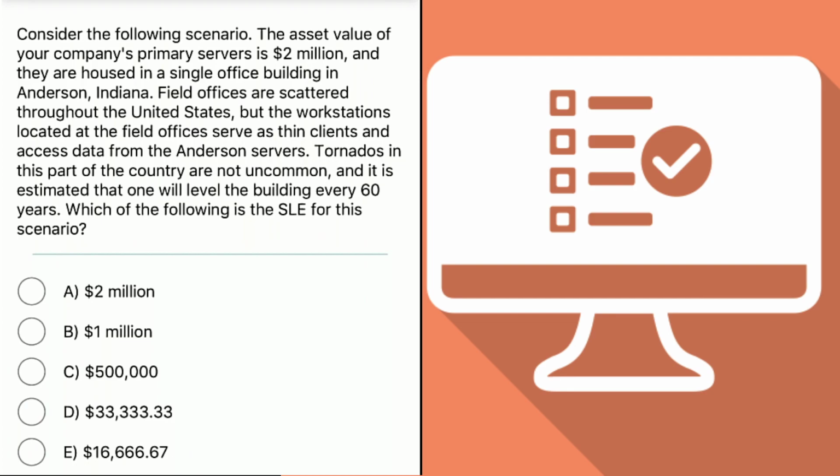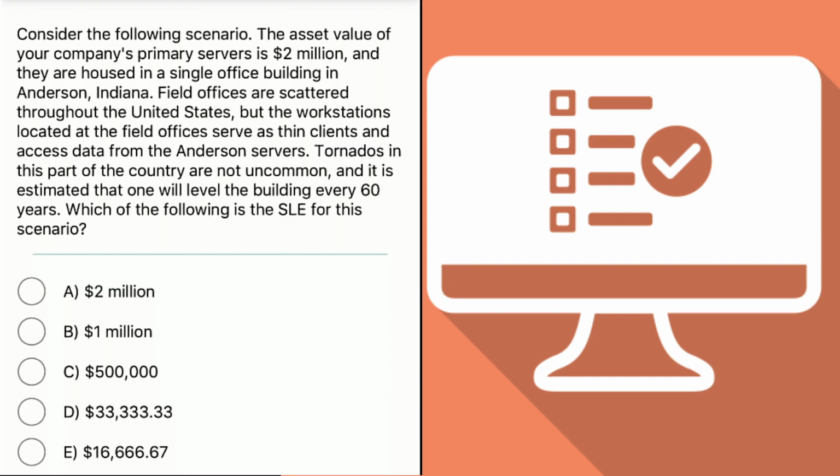Consider the following scenario. The asset value of your company's primary server is 2 million and they are housed in a single office building in Anderson, Indiana. Field offices are scattered throughout the United States, but the workstation located at the field office serves as a thin client and accesses data from Anderson's server.